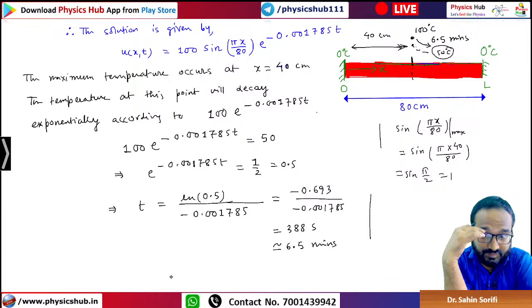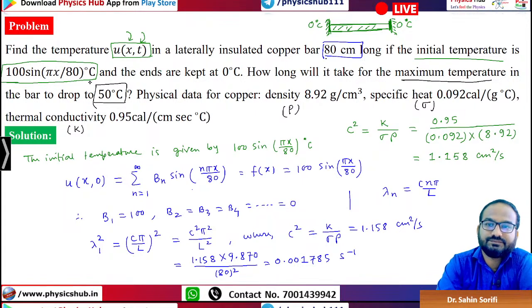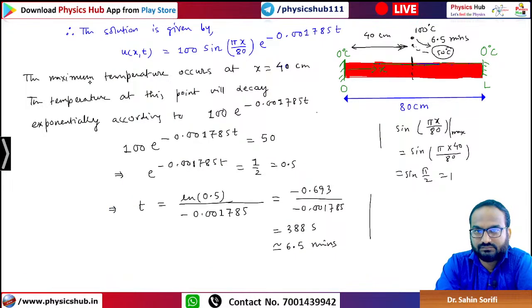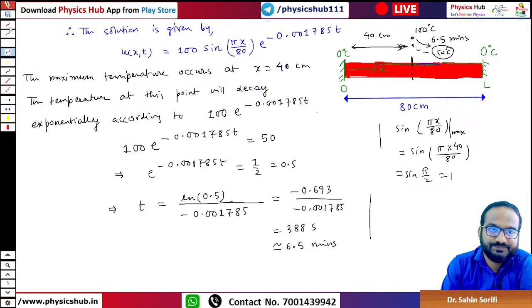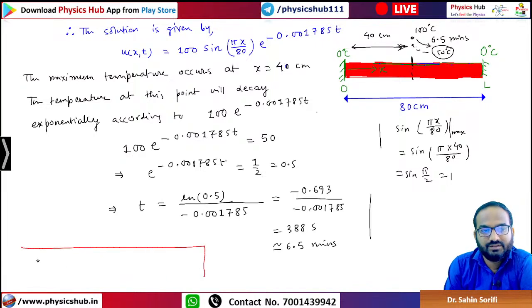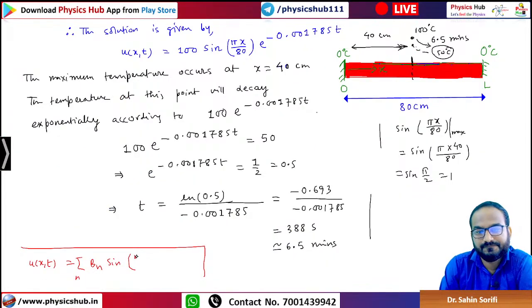Tell me. And this is because of this initial condition. Initially you maintained 100 sin pi x by 80 degree centigrade. Actually, if I talk about this, u of x,t is sum over n of bn sin n pi x by l, e to the power minus lambda n square into t, right?